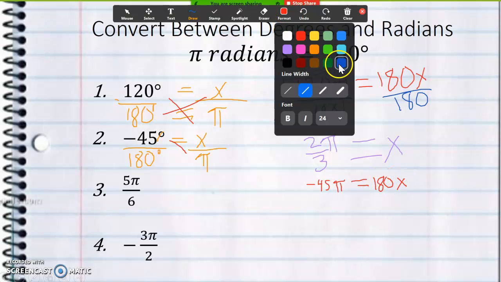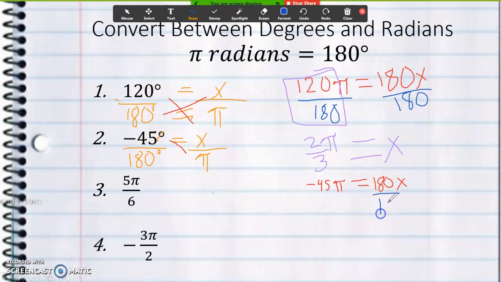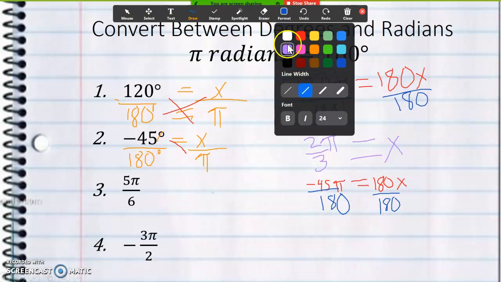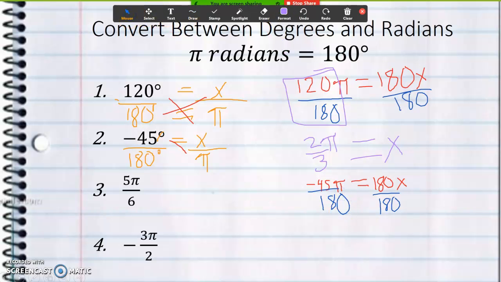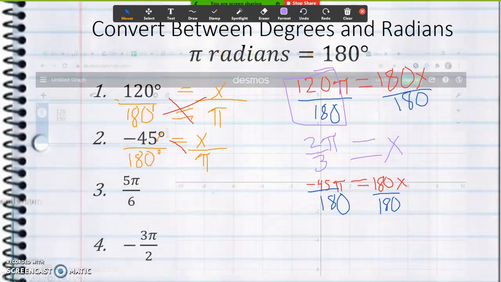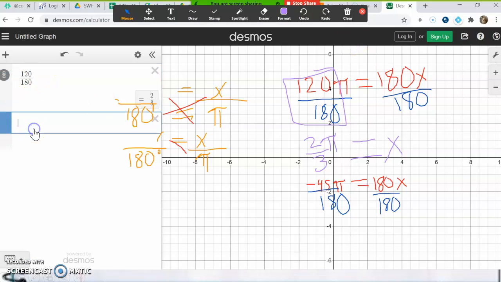180x. To get x by itself, divide both sides by 180. And then I'm going to do negative 45 divided by 180. And that should be negative 1/4.